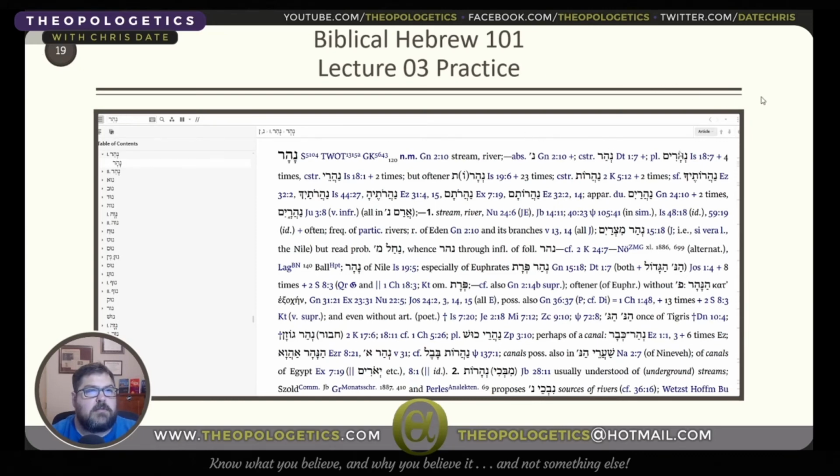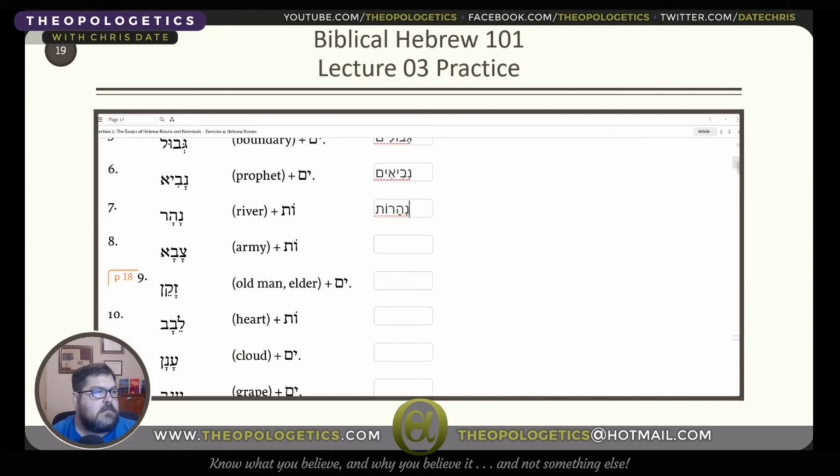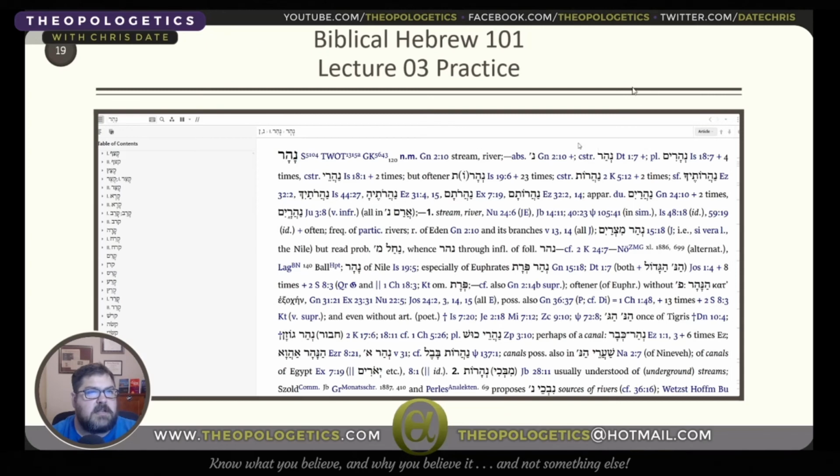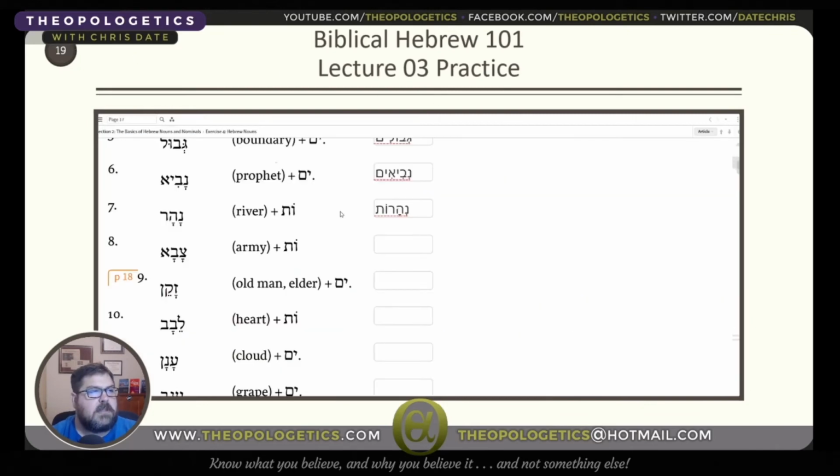There is a plural naharim, but they wanted us in the exercises to add ot. So let's see if the lexicon lists any feminine plural endings. Yeah, naharot. Although here it says it's often naharot, the way that I spelled it. So there's going to be some flexibility here. But if you applied the rules you learned in the lecture, that's what you would have come up with.